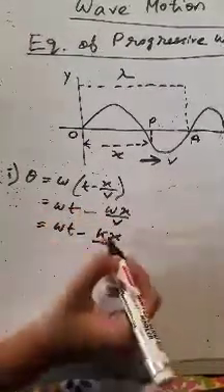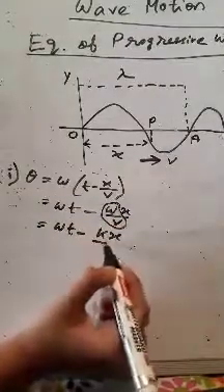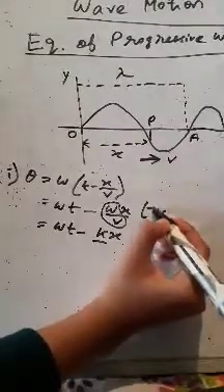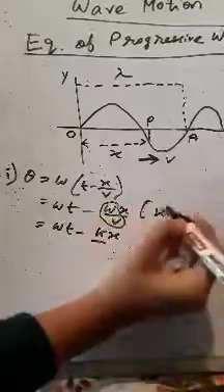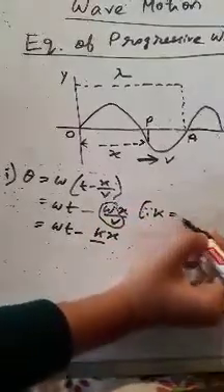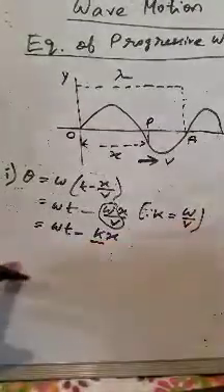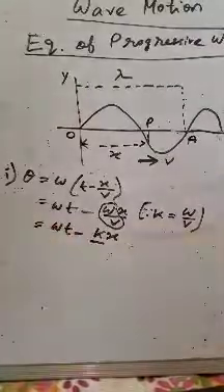So instead of writing omega by v, we are writing k, giving kx. This is one of the forms.